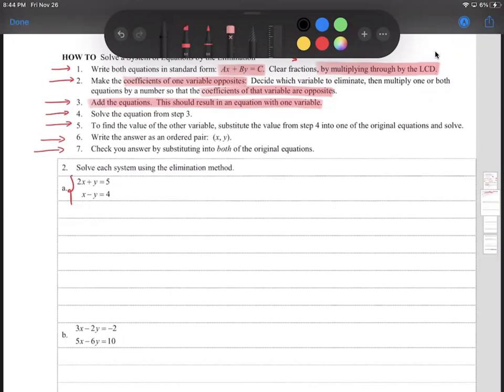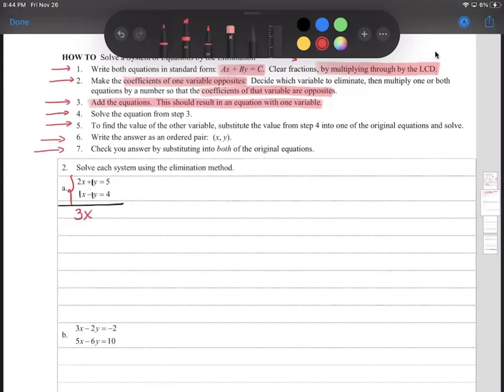Why do I choose y? Because look at that. In the top equation, I have positive 1y. In the bottom equation, I have negative 1y. These are opposite, right? Positive 1, negative 1, they're opposite. So once I add them, y will be gone. If I add them down, 2x plus 1x is 3x.